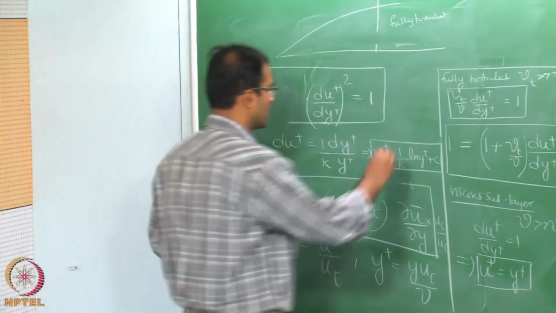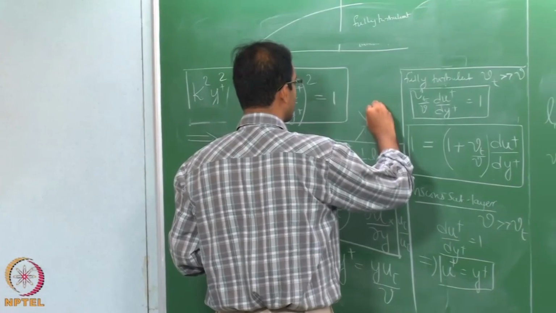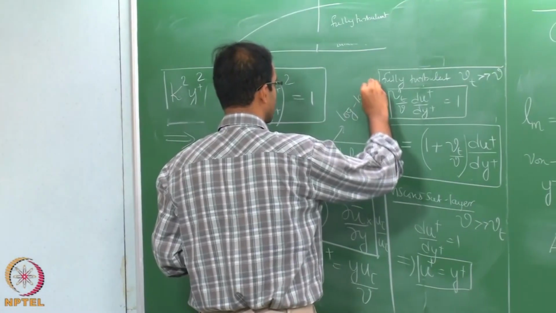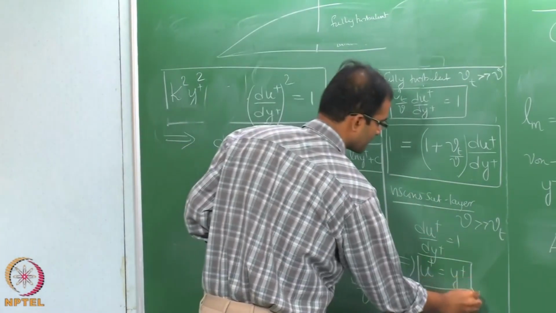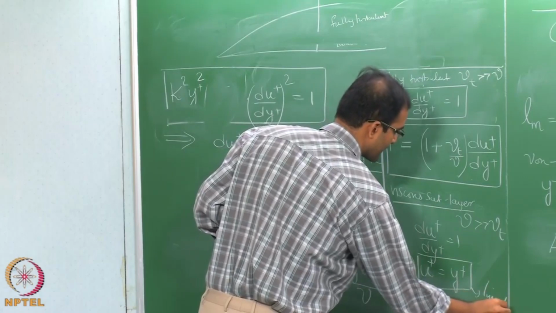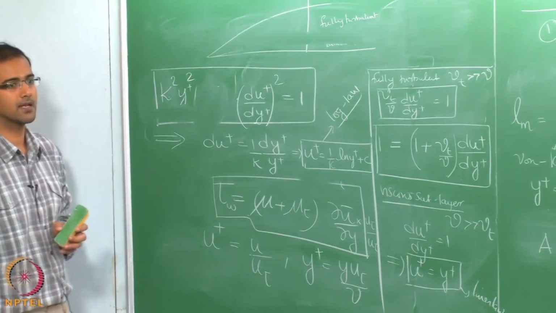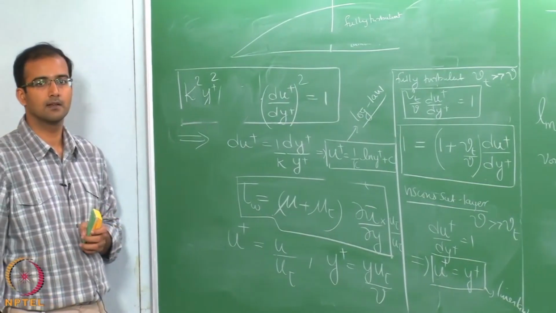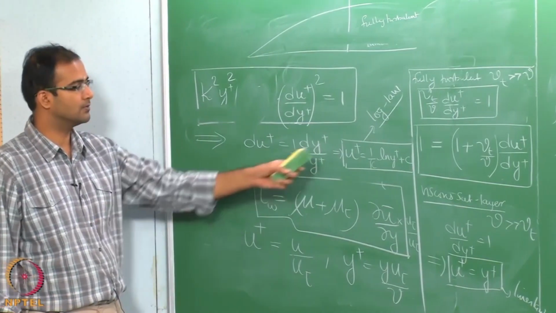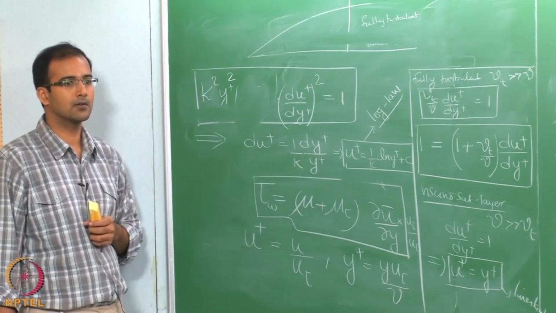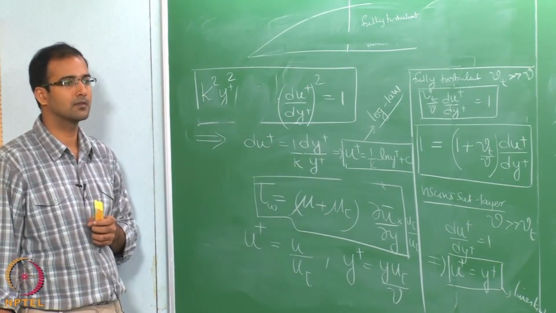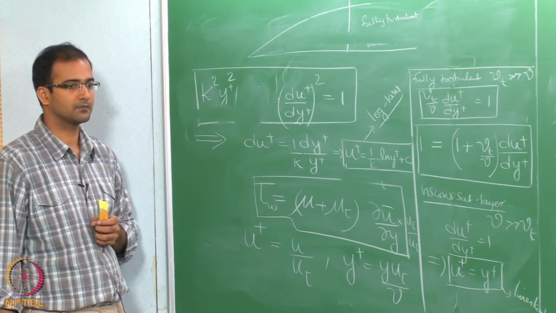So, this is called the log law. Okay. And the earlier one is the linear law. That means, if you assume only within the viscous sublayer, you have a linear variation of velocity with y. Now, if you assume only a fully turbulent region, you have a logarithmic variation of u with respect to y.